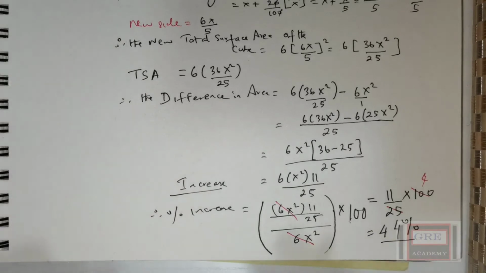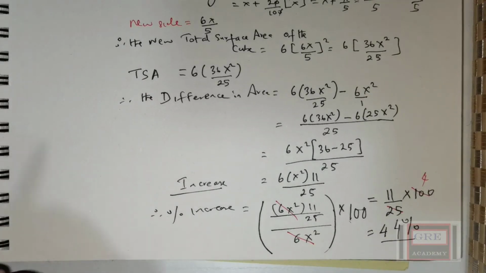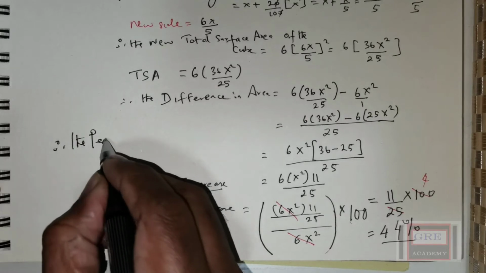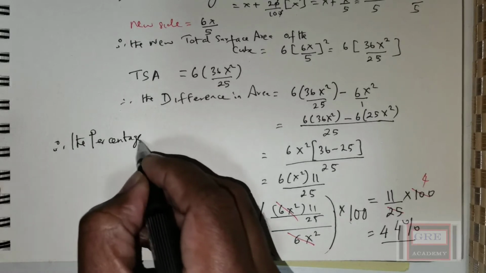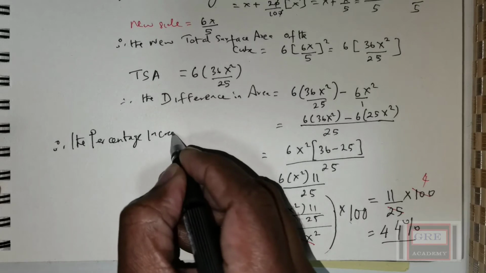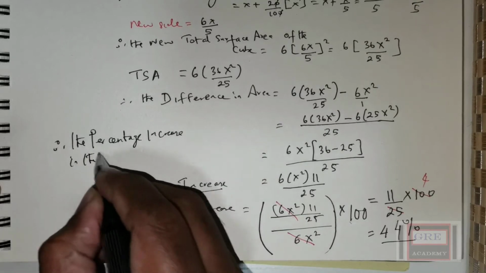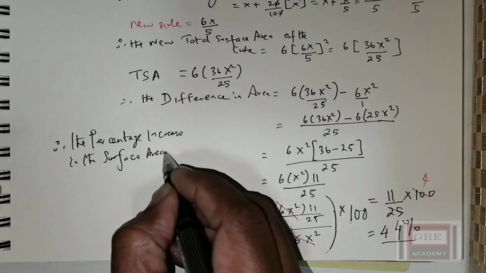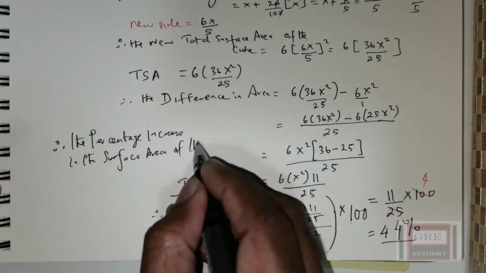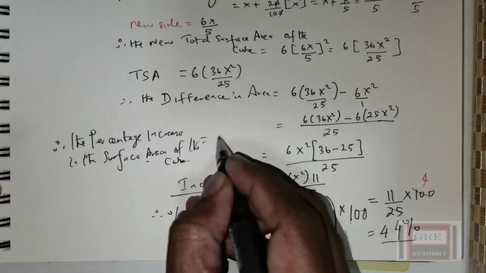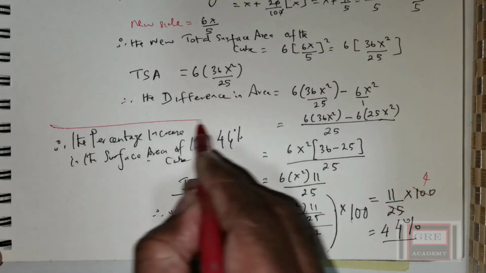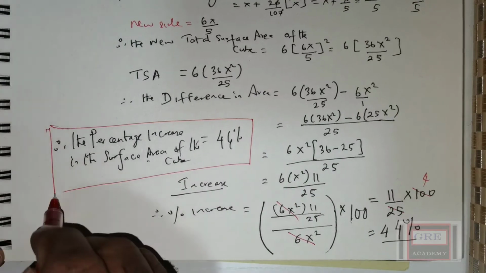So the final answer: the percentage increase in the surface area of the cube is equal to 44%. Okay, so this is the final answer to the question.